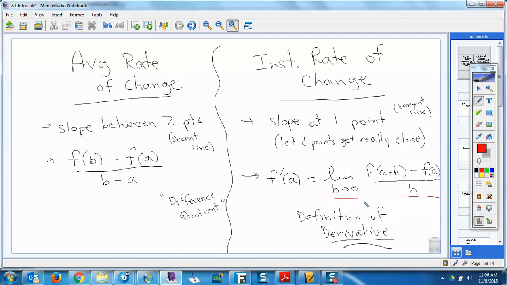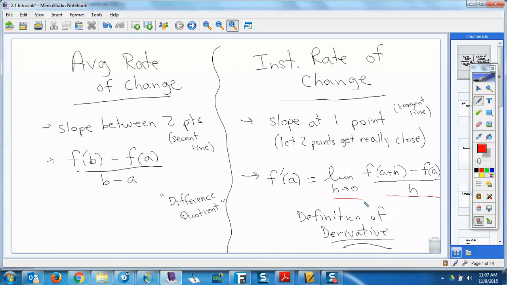And what did we say the definition of derivative was? Slope at 1 point, right? So why is this the slope at 1 point? Because it's a slope between 2 points, and then this part lets the 2 points become 1. Sort of. Okay? Closer and closer and closer. That's why this is the slope at 1 point.